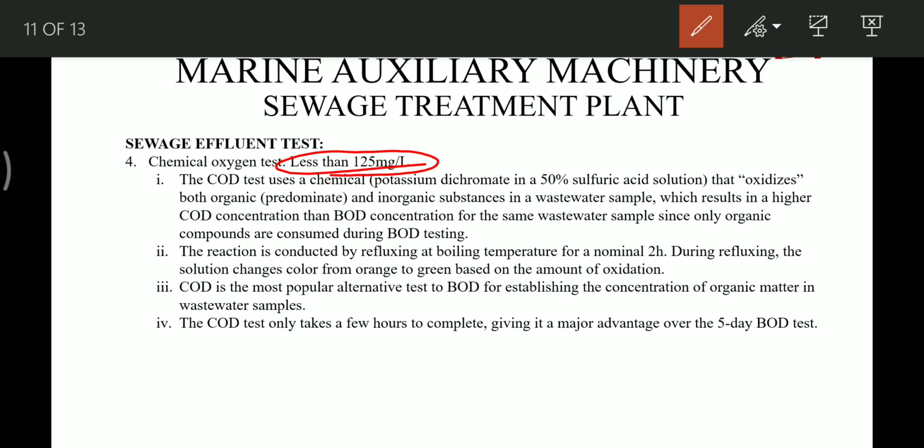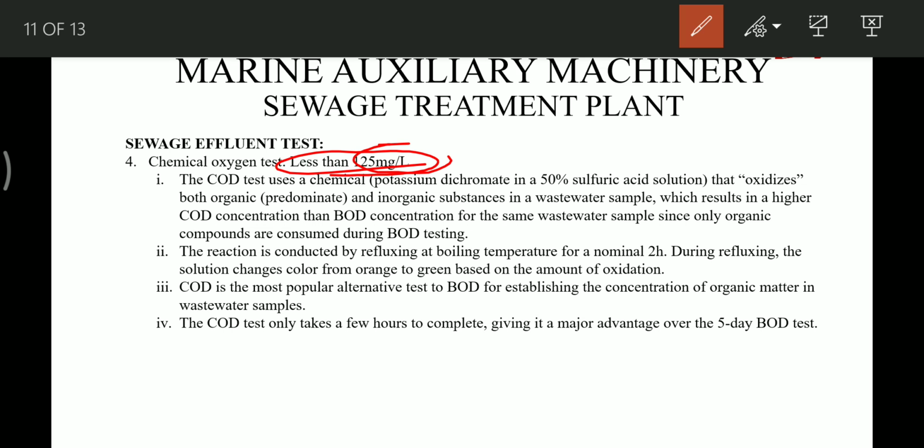The reason is that it also takes into consideration oxidation due to inorganic matter. So that's why its value is 125, greater than BOD. So this is one of the important points.